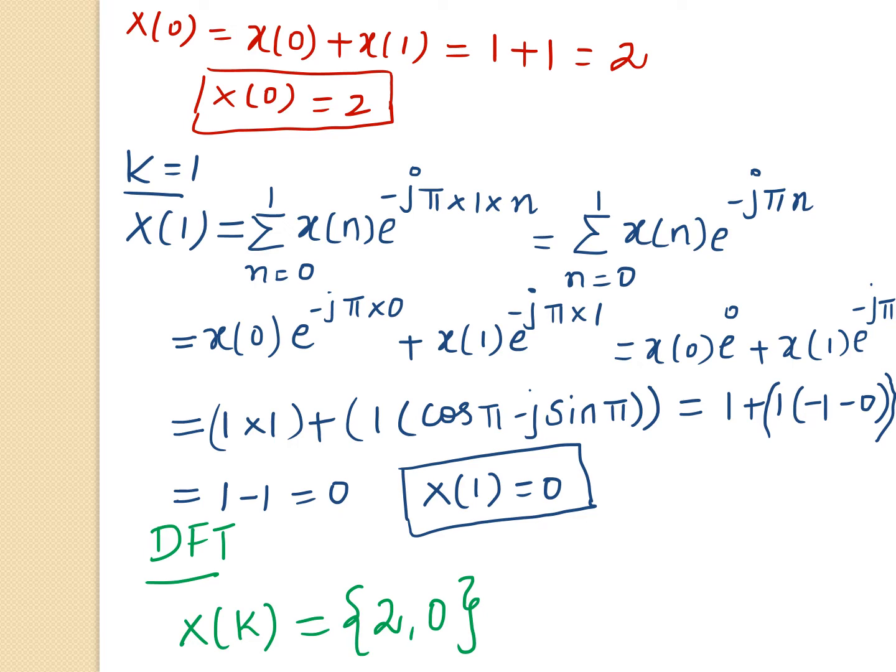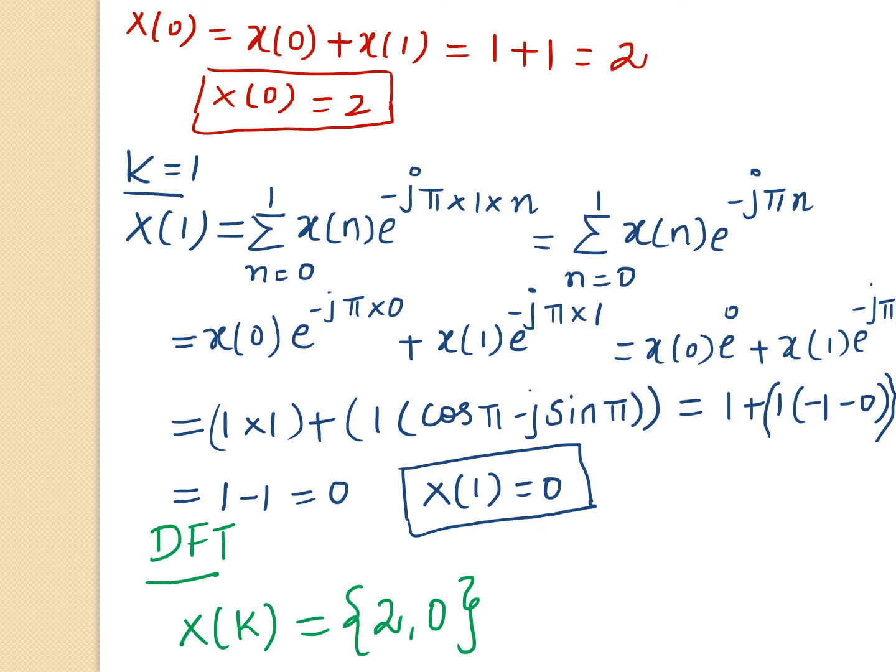So substituting for that into n, and you can simplify this and write the equation which is equal to summation extending from n is equal to 0 to 1 x of n into e power minus j pi into n. So now we can expand this summation. So we'll be getting x of 0 into e power minus j pi into 0 plus x of 1 into e power minus j pi into 1.